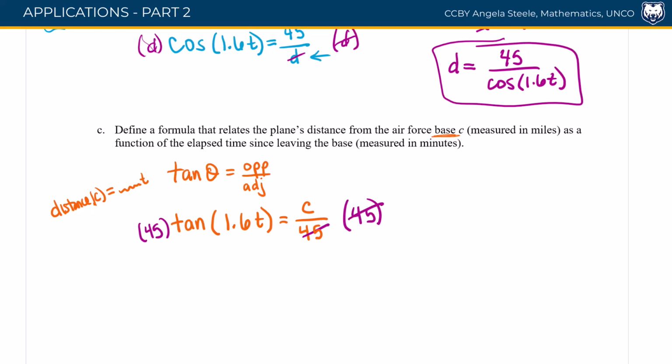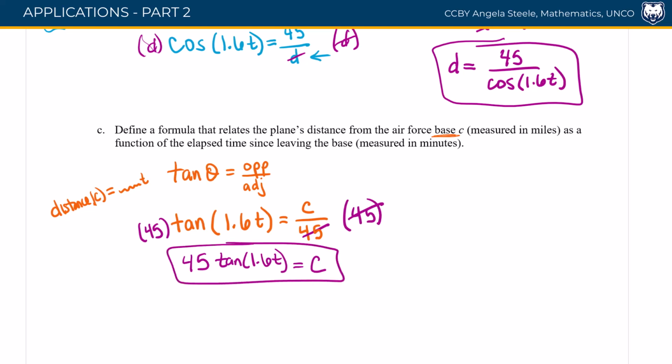So the 45's cancel. And notice on this particular problem, we don't have to do any further work because we have now isolated our C value. And this right here is our solution. So the plane's distance from the Air Force Base is going to be equal to 45 times tangent of 1.6t.